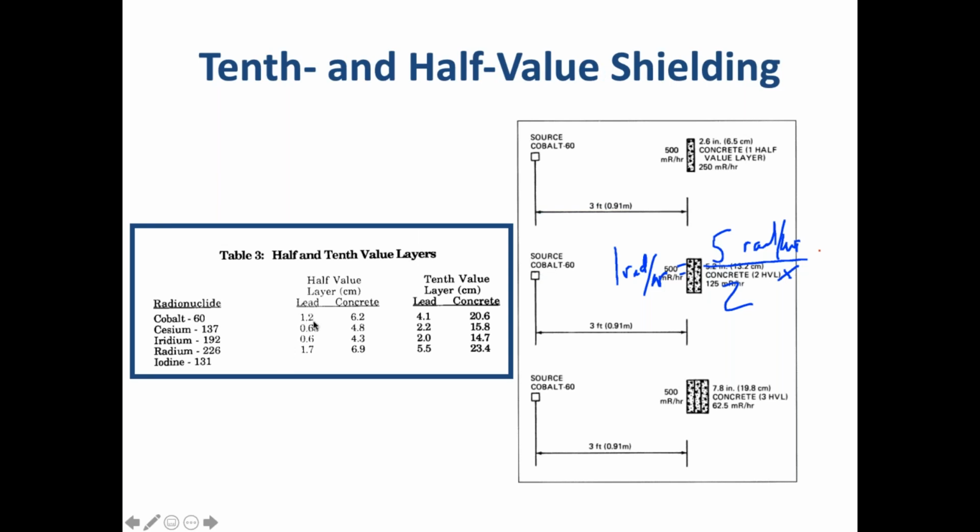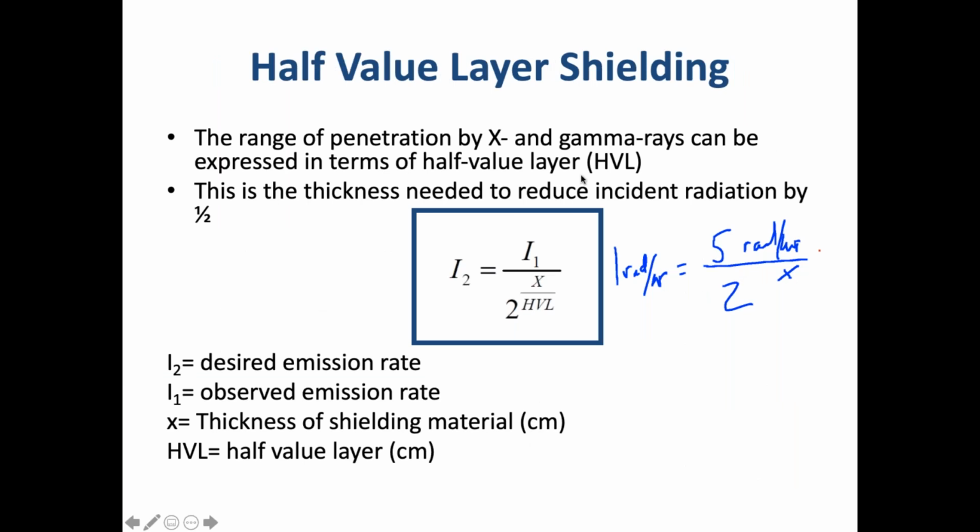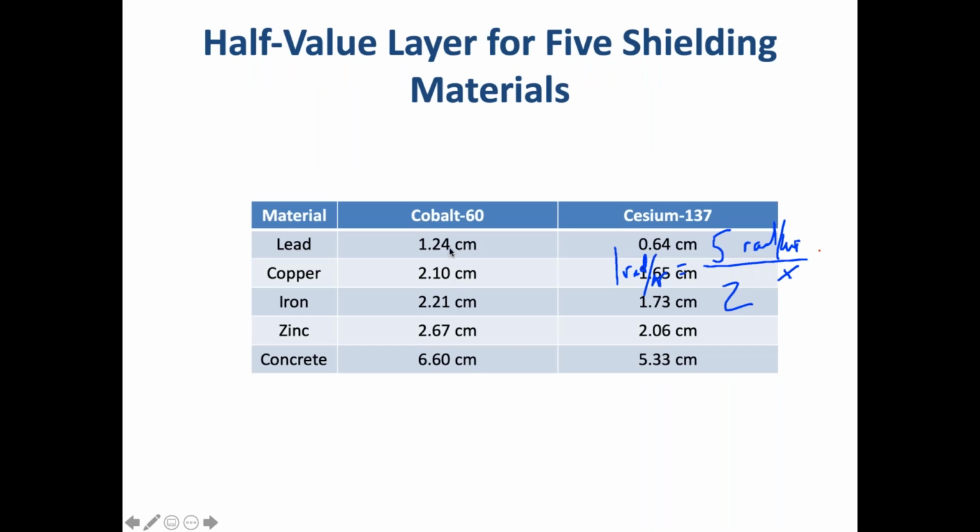I see 1.2 there, looking at this table. Is there another table after this? Did I give you more than one table? Oh yeah, cobalt-60. Okay, so that's nice. I have two tables with two different values for the same thing.